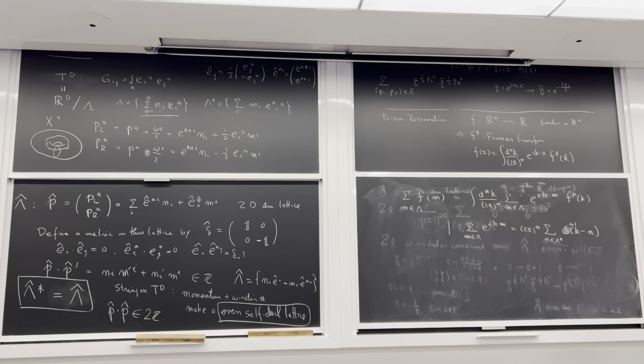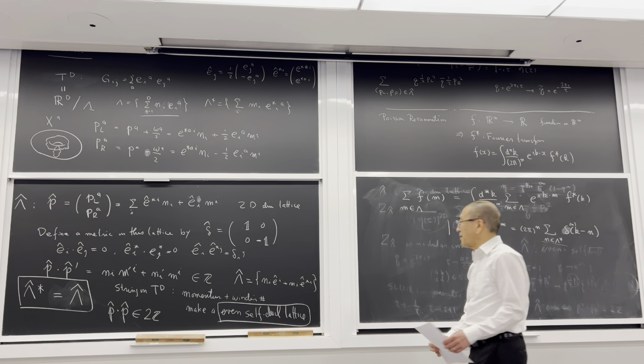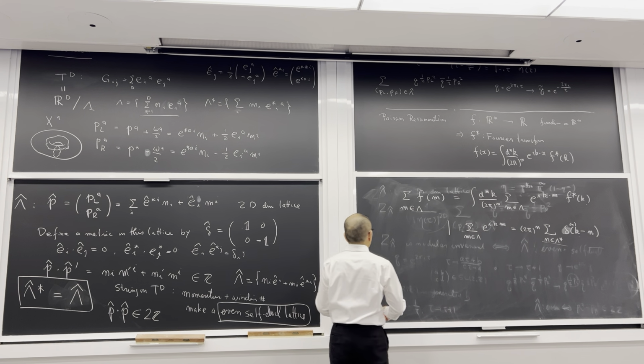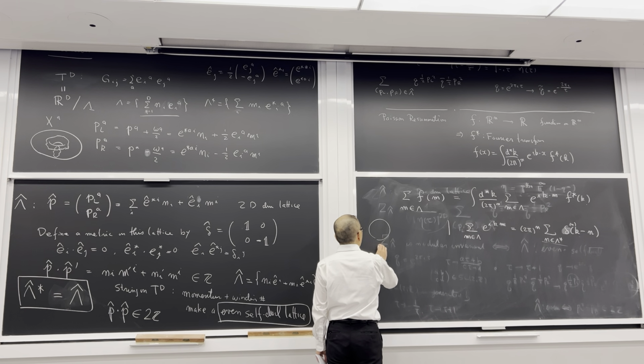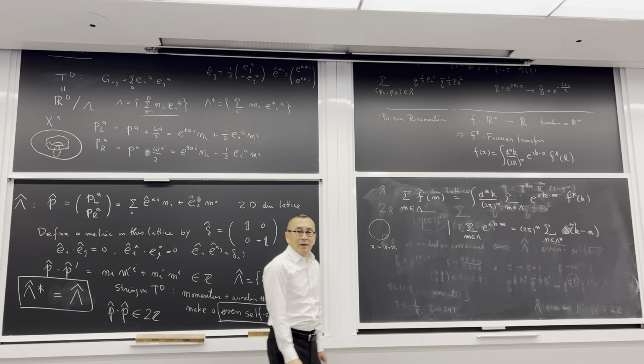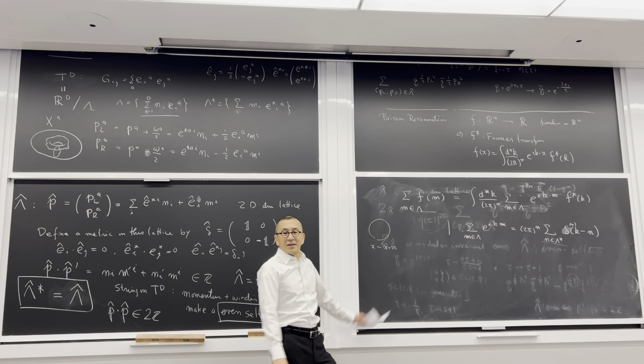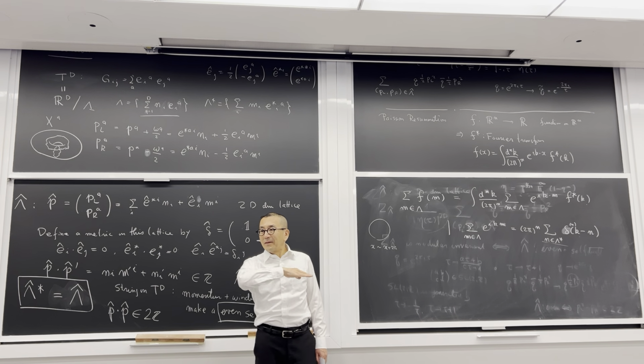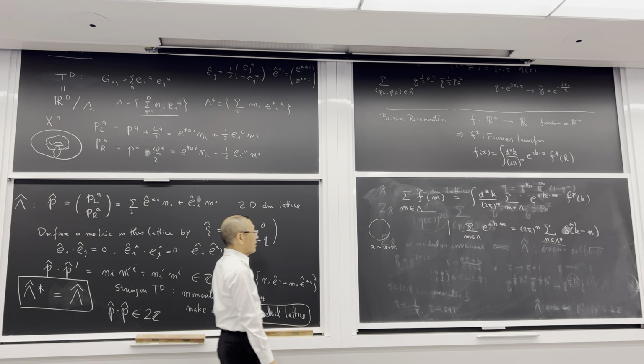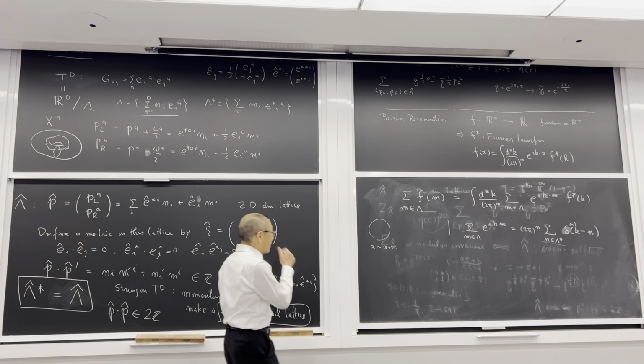This is a formula that you probably see in Fourier transforms very often. For example, suppose you have a circle with periodicity 2 pi. You can think of this as a lattice: you have a real axis, and the lattice is the integer multiples of 2 pi.